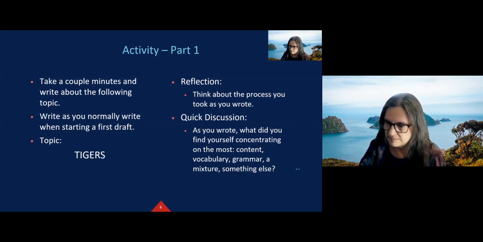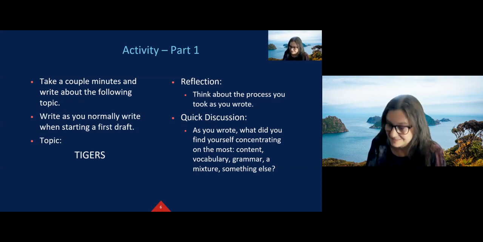This is Sherry. I'm happy to go first. Great. Thanks, Sherry. So for me, I'm also a creative writer. So at the beginning, I kind of struggled on how to approach the writing because I don't know much about it, but then I was thinking, well, this is an academic process, so I think I need to write academically. And so then I was thinking, I don't know much about tigers, so how do I approach it with a style?